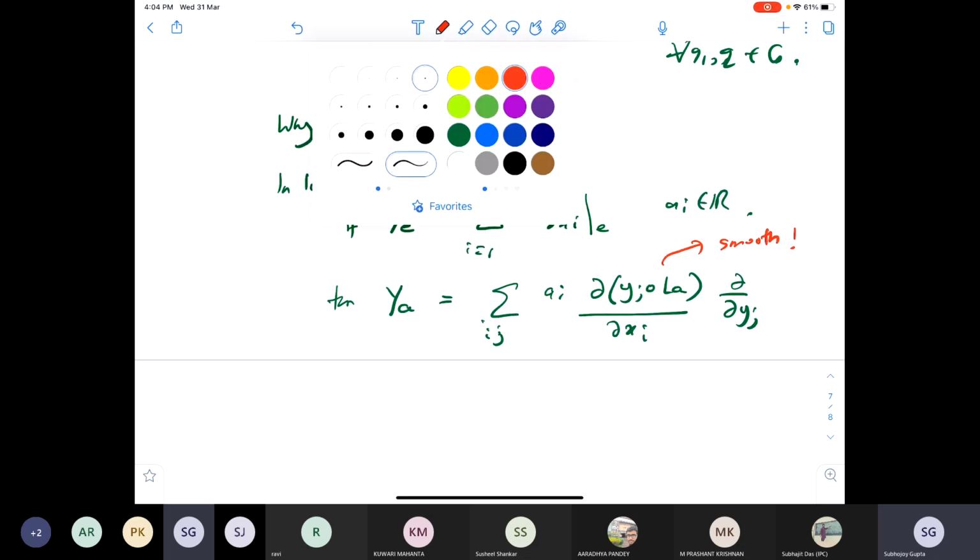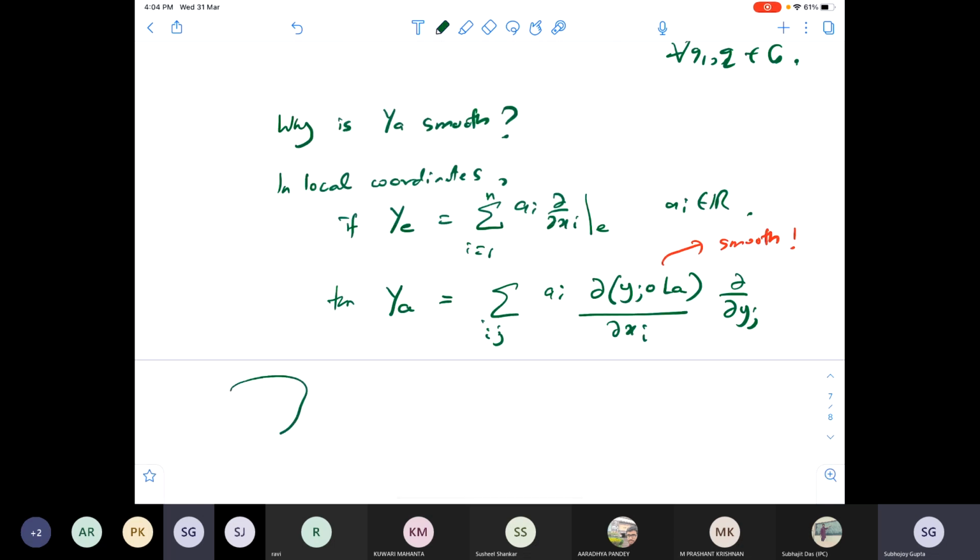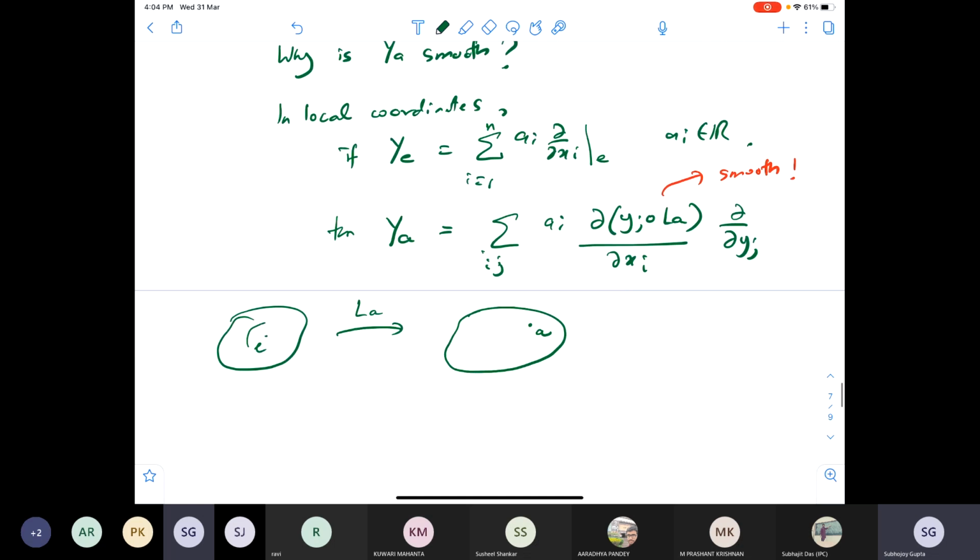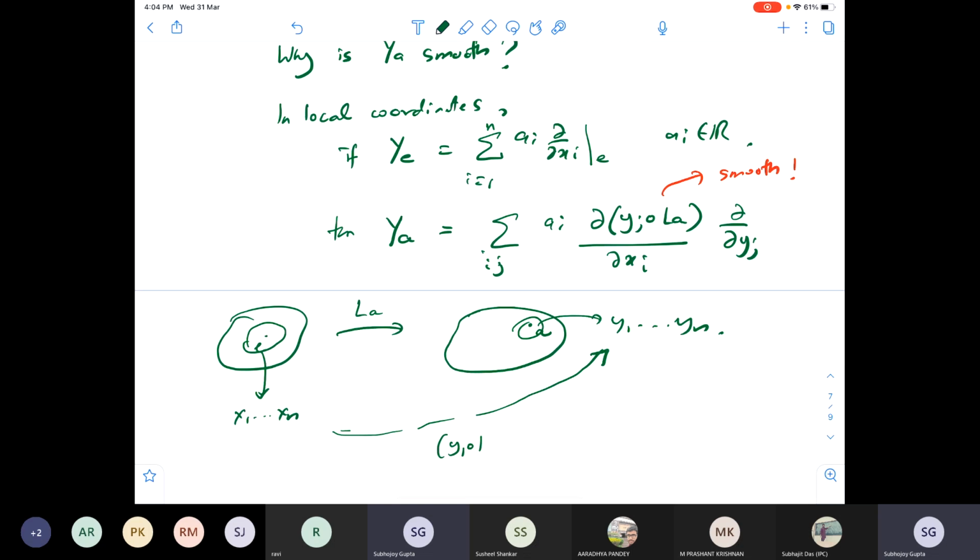Maybe I should draw a picture somewhere. So here's the identity, here's my left multiplication, and here's A, and I'm using local coordinates x1 to xn here, and in some neighborhood y1 to yn. And in these local coordinates, LA looks like y1 composed with LA, y2 composed with LA.